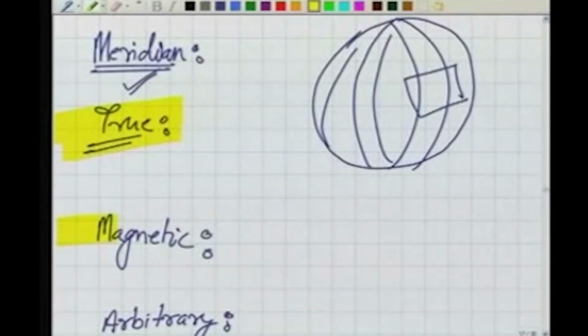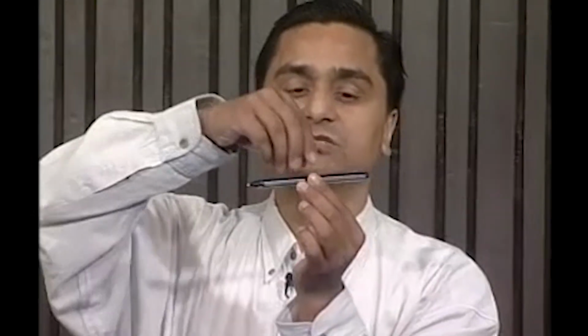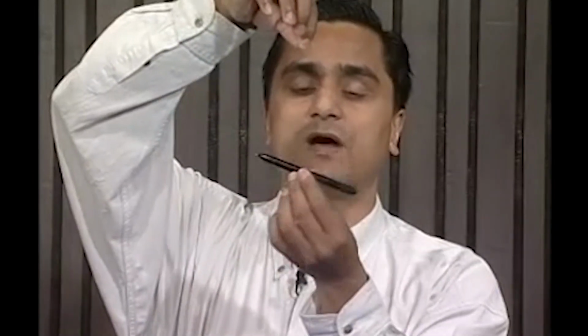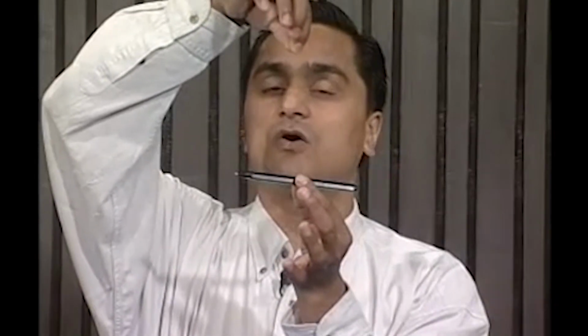What we use is the magnetic meridian. Let us define it. If I have a magnetic needle and I suspend it freely, what will happen after vibrating it for some time? It will align itself along the magnetic force lines of the earth, along the magnetic north and magnetic south of the earth.